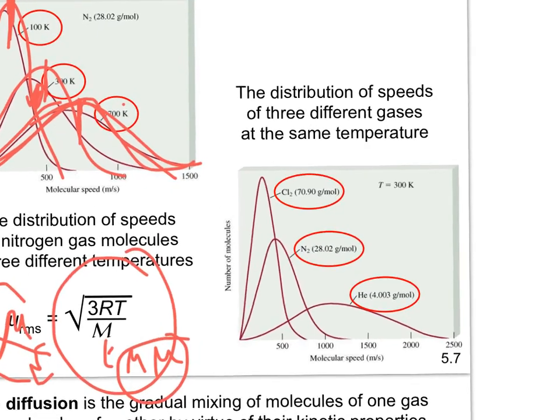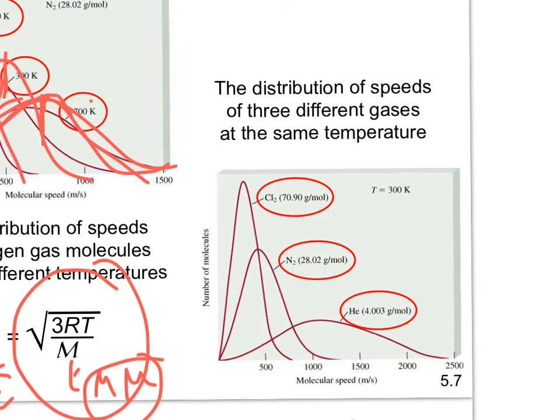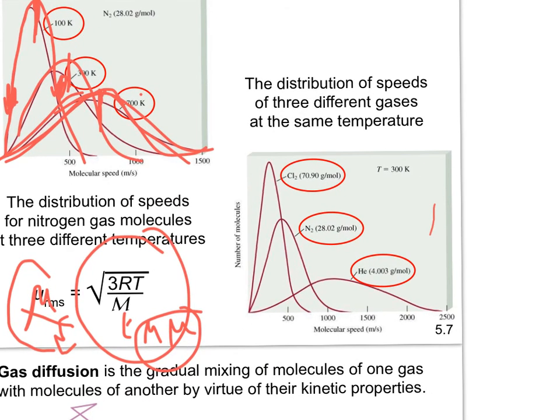Looking at the graph on the right, helium, nitrogen, and chlorine as gases at a given temperature. Unlike the one on the left, this one is at one temperature. What you'll notice is that on average, the lighter the gas at a given temperature, helium versus nitrogen versus chlorine, the faster they're moving, and the heavier the gas, the slower they're moving.